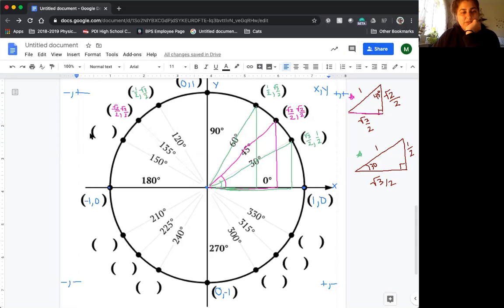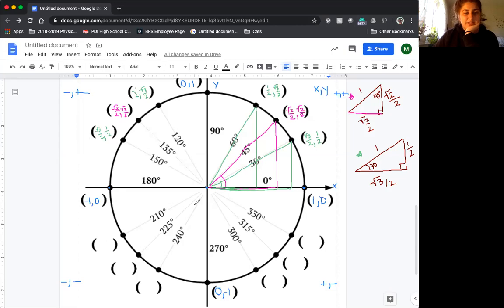Okay? So then over here, we're going to change this, and this is going to become negative root 3 over 2, comma 1/2. And we're going to do the same thing. Just keep going. So if that's negative root 3 over 2, comma 1/2, then over here, right, they're the same point just flipped over.